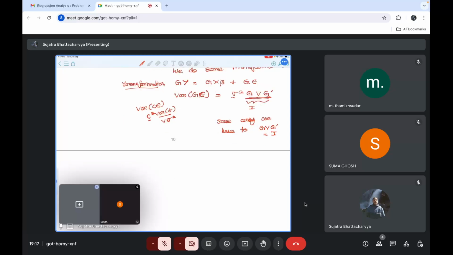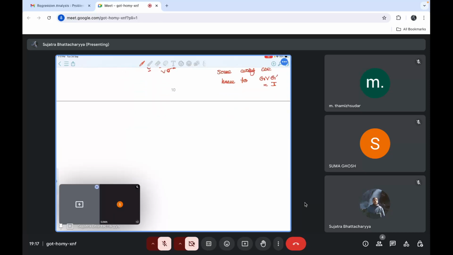Okay, so this is what the problem is. Let me write that the best linear unbiased estimator of beta can be obtained by the ordinary least square method.